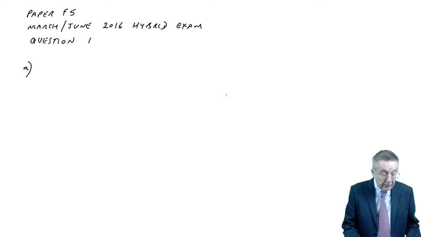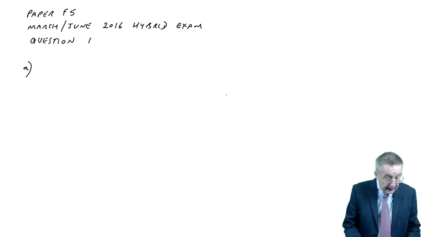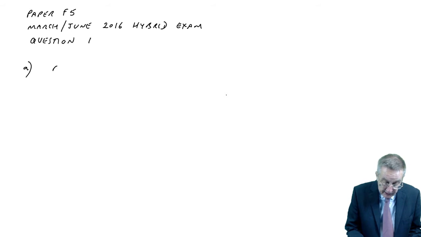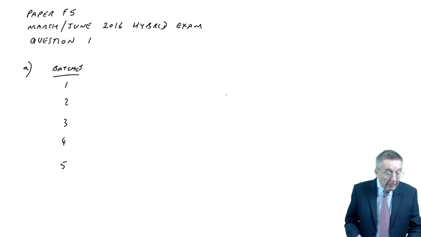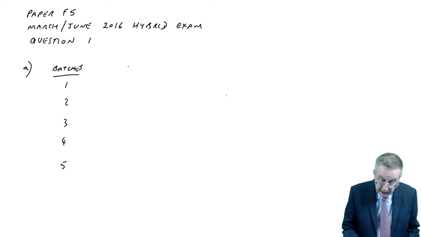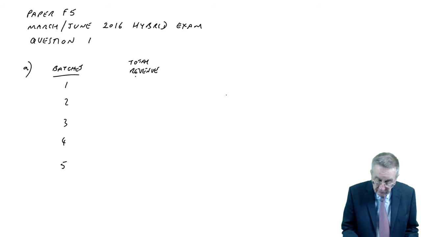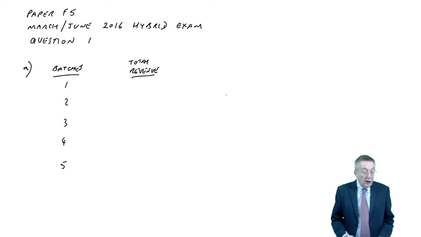So let's set it up. We've got various batches: 1, 2, 3, 4, 5. To work out the profit, we need to work out what the revenue is going to be. We need to subtract the total costs.